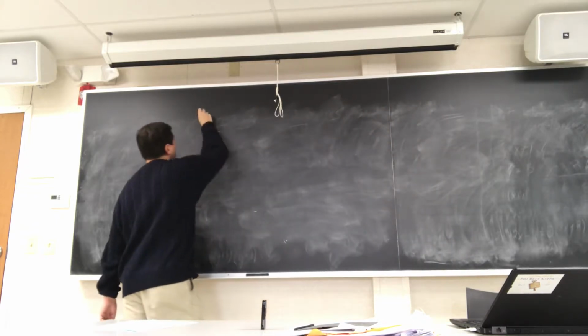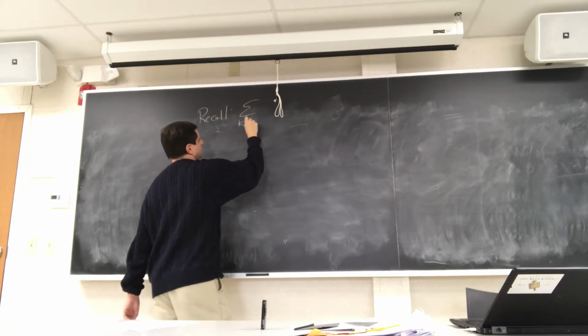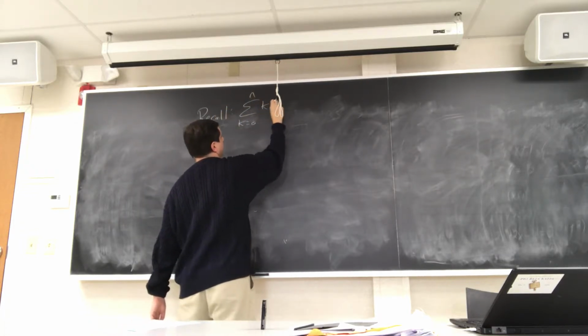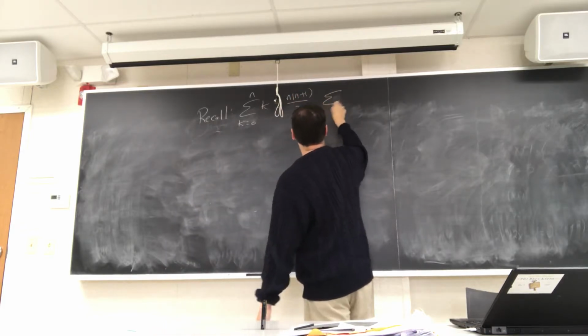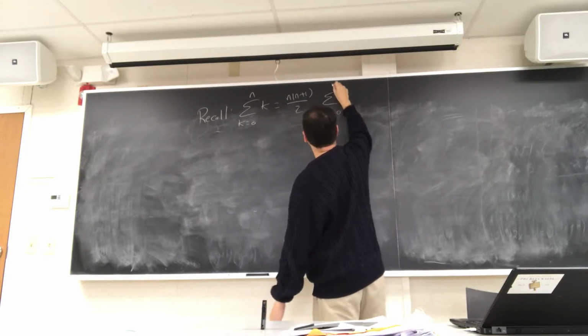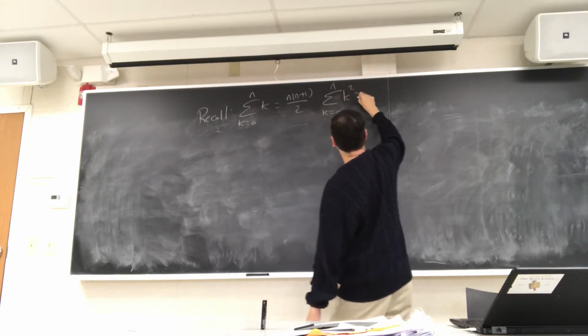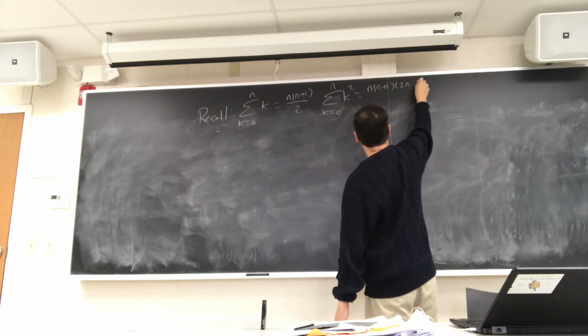So recall the sum k goes from 0 to n of k is n plus 1 over 2. The sum k goes from 0 to n of k squared. Somebody correct me, it's n plus 1, 2n, is it minus 1?